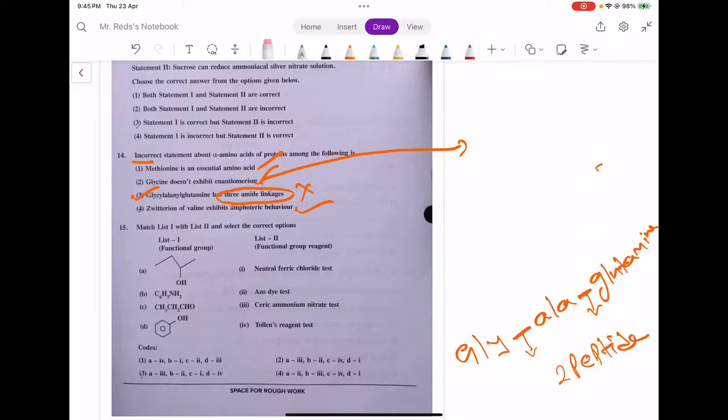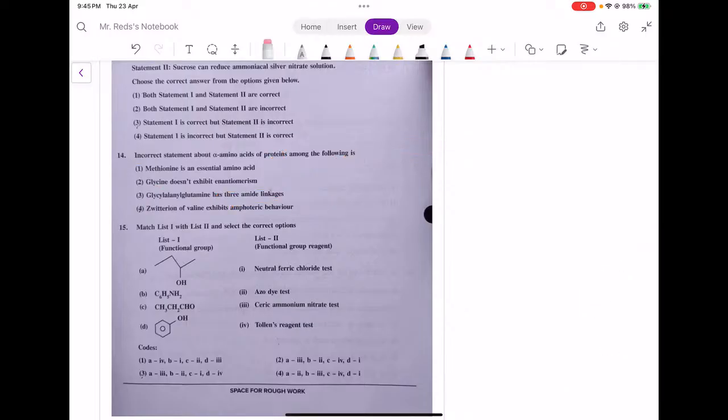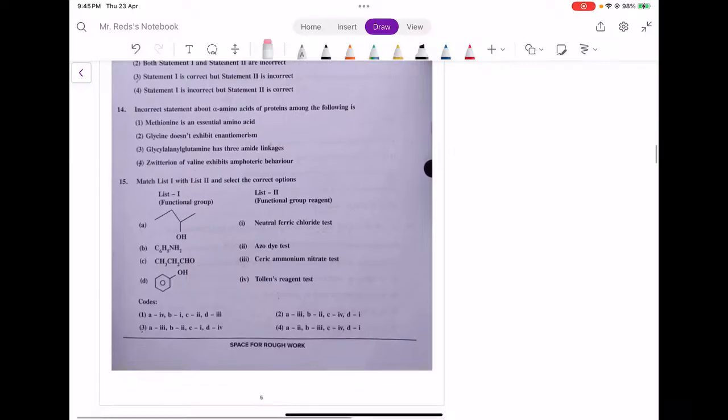Next, go to the fifteenth question. Match list 1 and list 2 and select the correct option. Students, by knowing the matching of one or two compounds, you will get the answer. How will you get the answer? Suppose you take D in list 1, phenol.